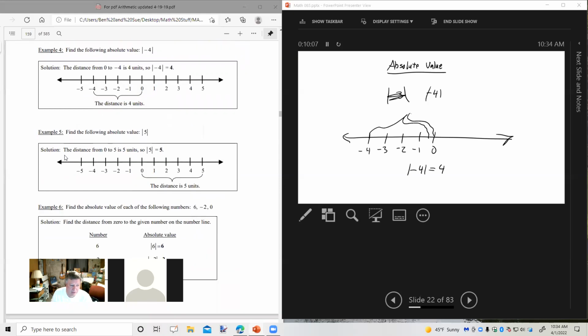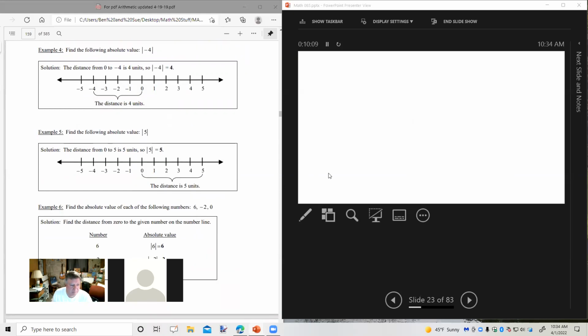Okay, let's take a look at example 5. Find the absolute value of 5. Well, from 5 to 0 on the number line is 5 units. So the absolute value of 5 is 5.